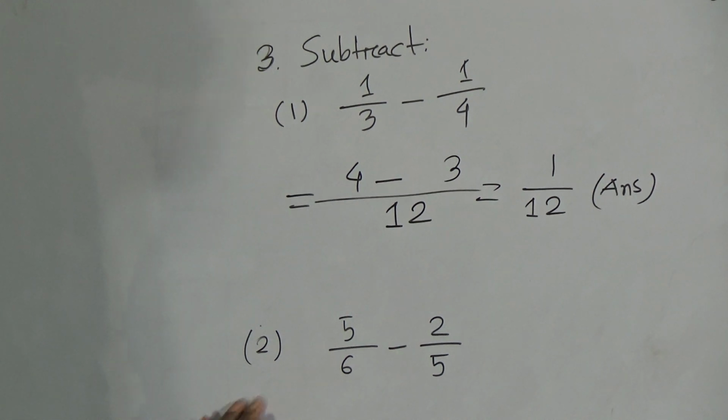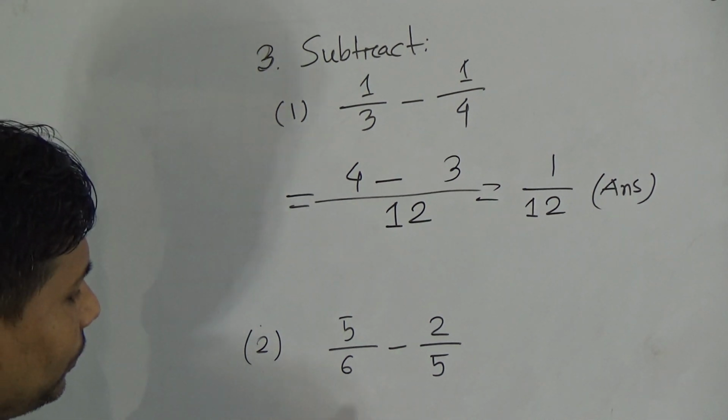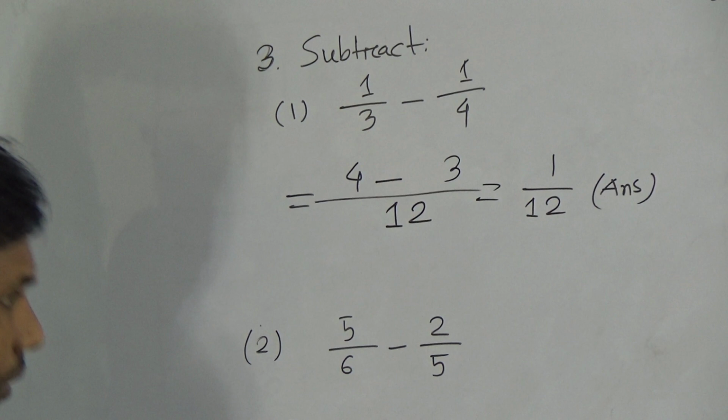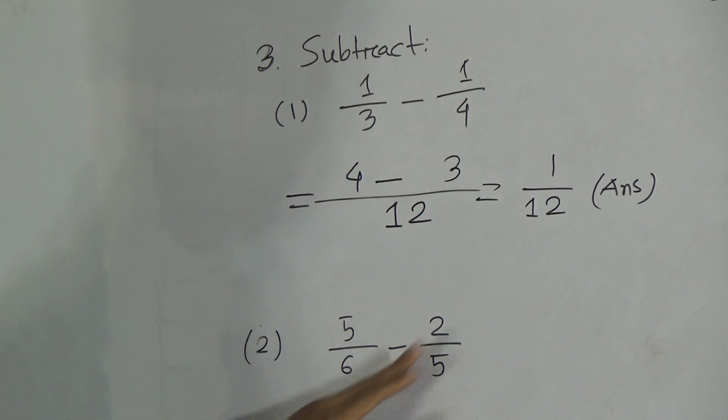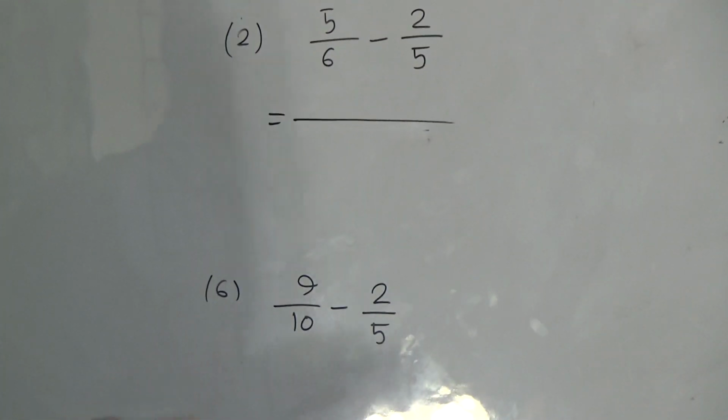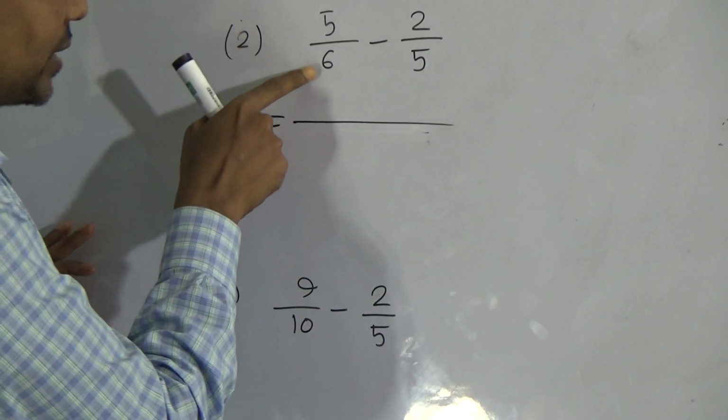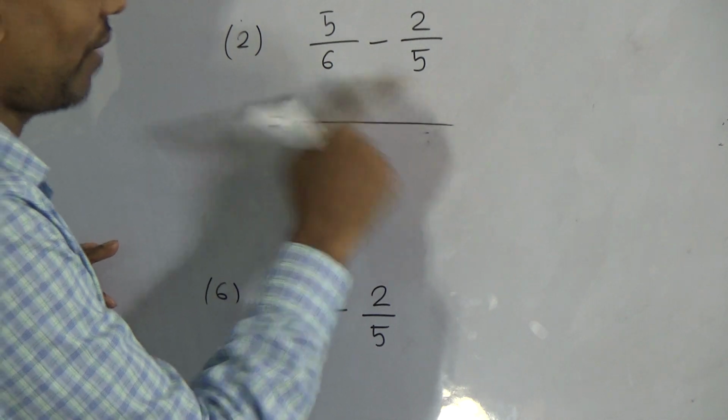Now question number 2. You see 5 by 6 minus 2 by 5. Here the denominators are 6 and 5.